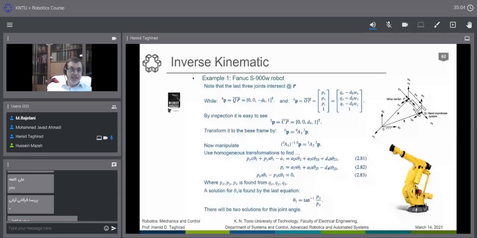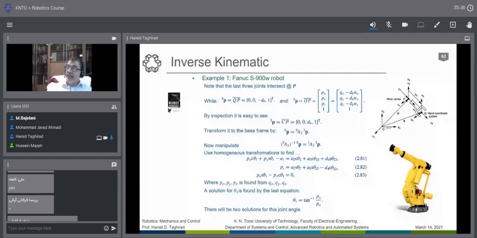If Q is given, since in the problem the point Q is given, not the wrist. But the wrist and the position has only a D6 and some orientation differences. So if we have Qx, Qy, Qz, we have the position here, and we have the orientation of the end effector, which are given by Wx, Wy, Wz. Only the last orientation is important, which is the orientation which we have along the Z6.